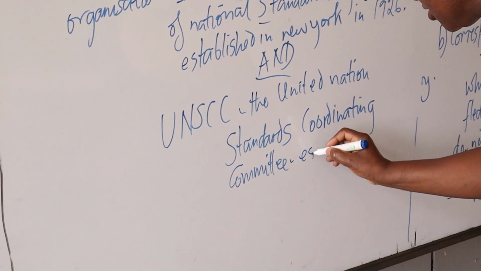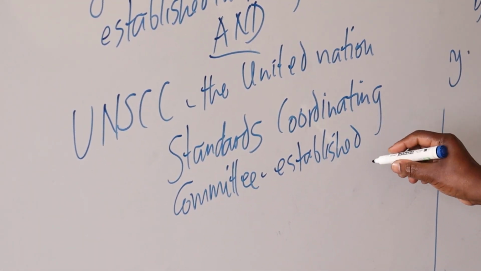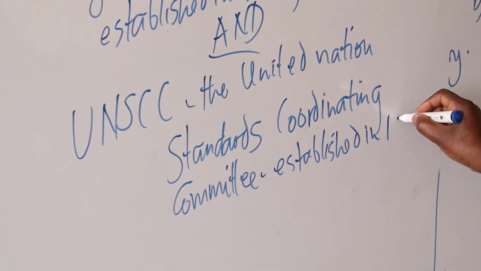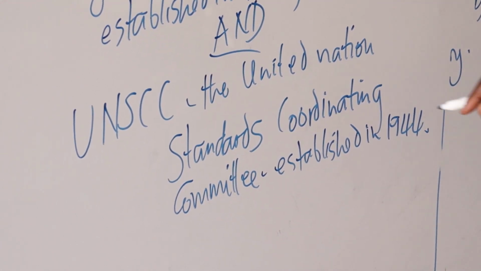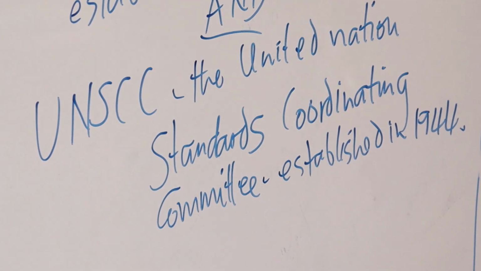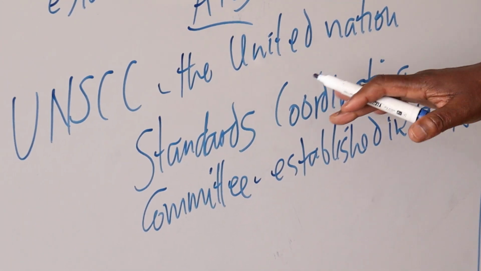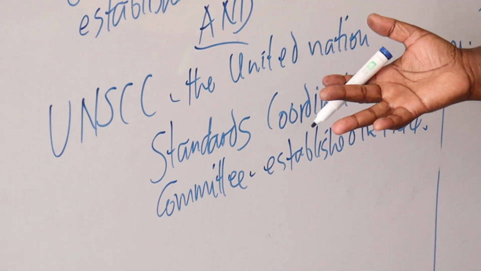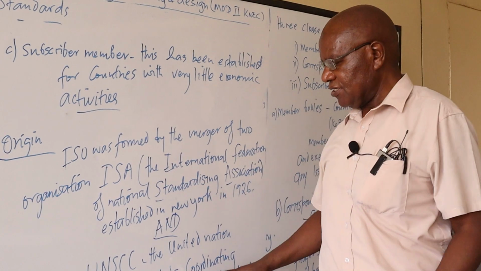This one was established in 1944. Well, we know the United Nations was formed towards the end of the Second World War, 1939 to 45. The big leaders in the world found the need for standards.